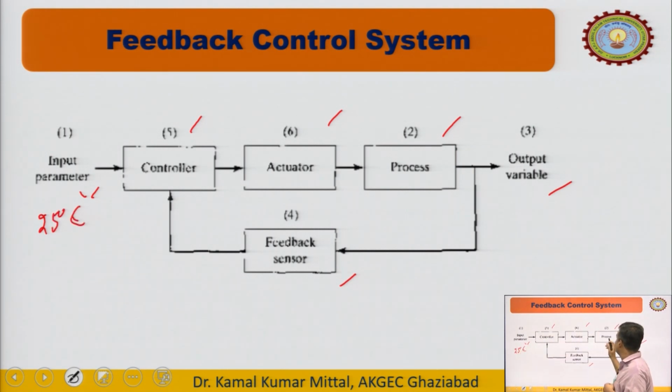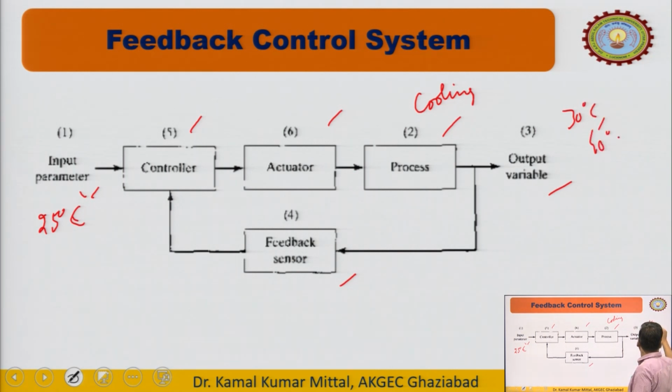Now, process: the process is cooling. Output variable means the temperature is more than this and it varies. It may be 30 degrees Celsius, it may be 40 degrees Celsius, like that. So, we have to reduce this temperature.